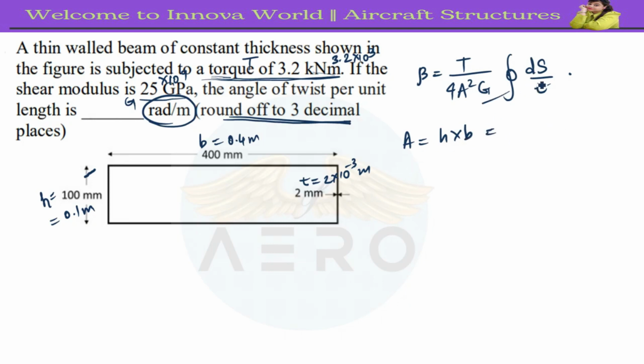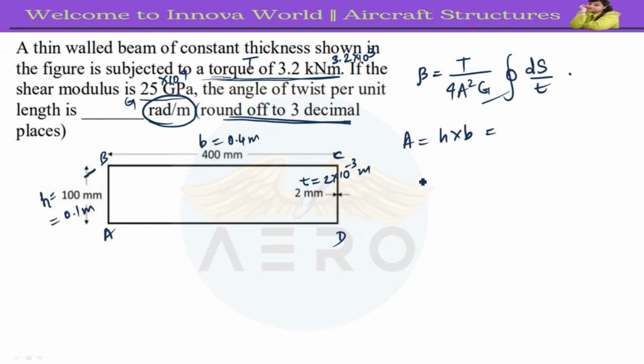G is given. What is ds? ds will be, as you have to find for all the perimeters, let's consider points A, B, C, D, ds by t. Okay, now solve this and tell me the answer in the chat box. Tell me the answer in the chat box.